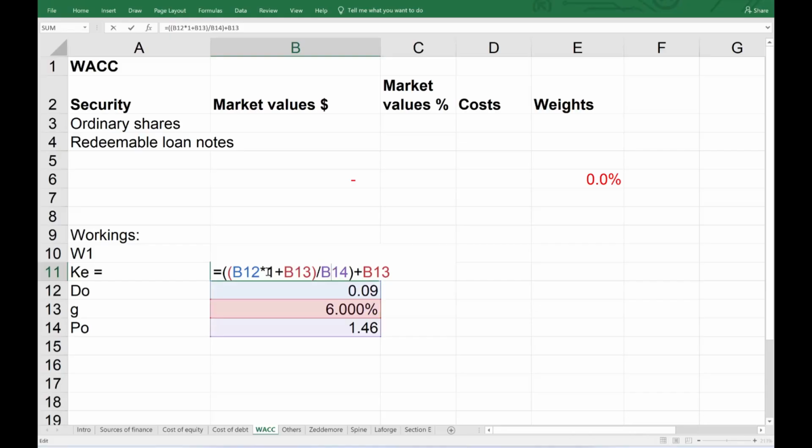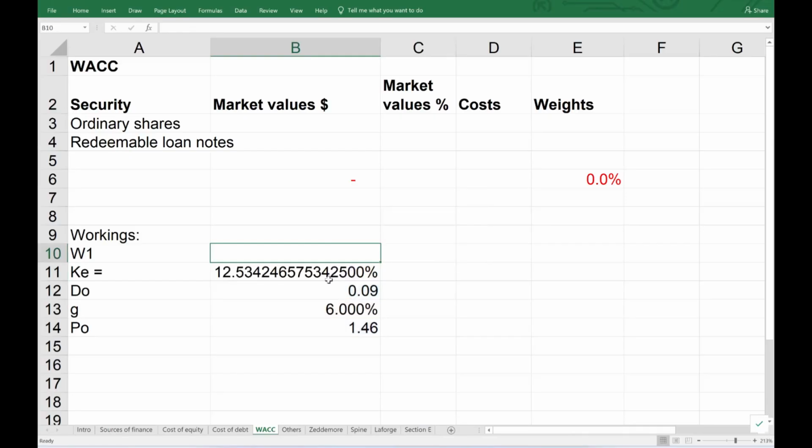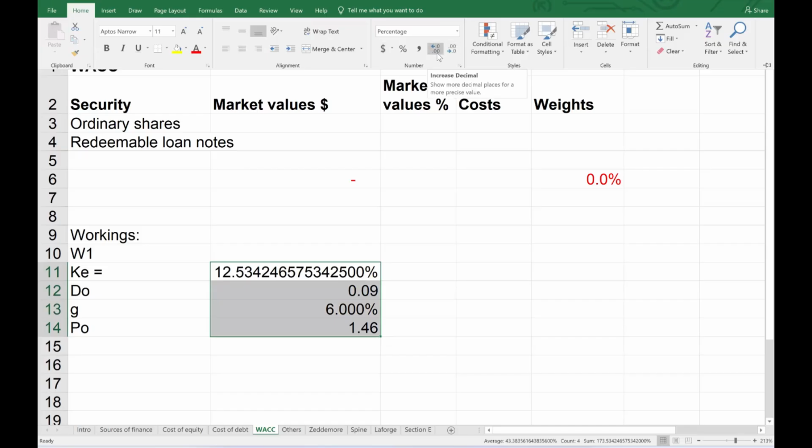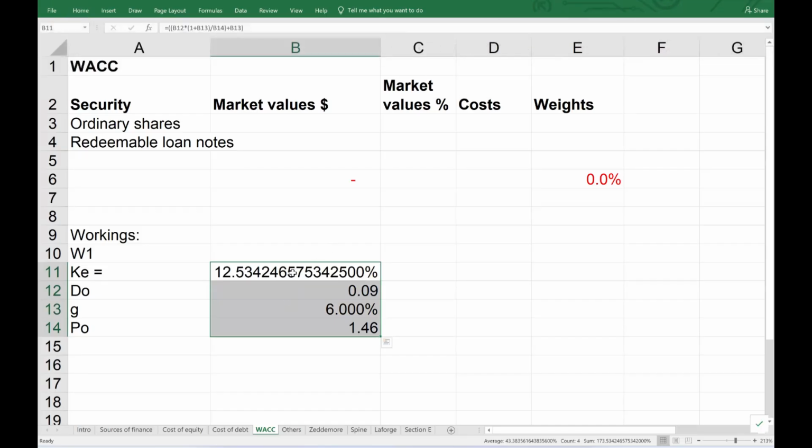D naught into, here is the mistake I got. No, it's correct. So D naught into 1 plus G, I didn't put brackets here, divided by P naught plus G. So 12.53%. It's up to you. Depends on how much time you have, you might try this.